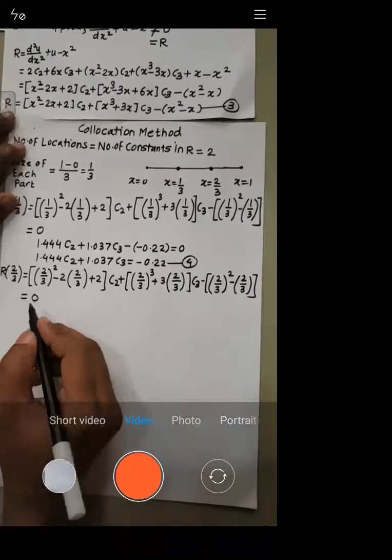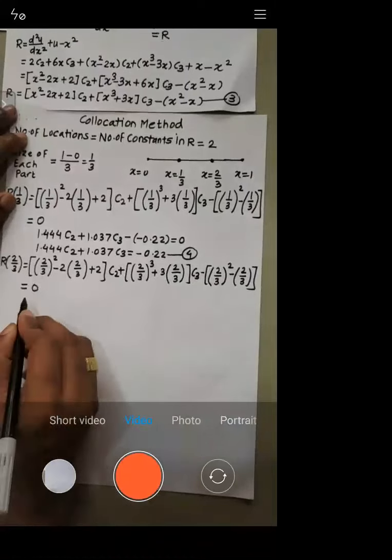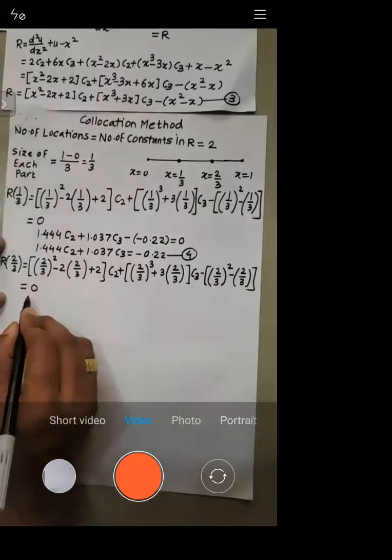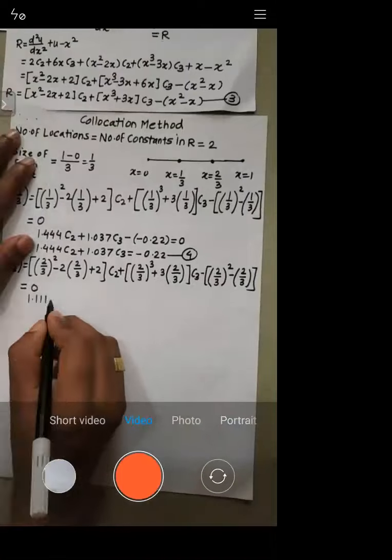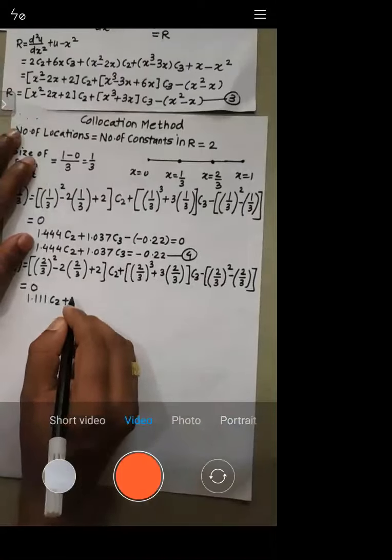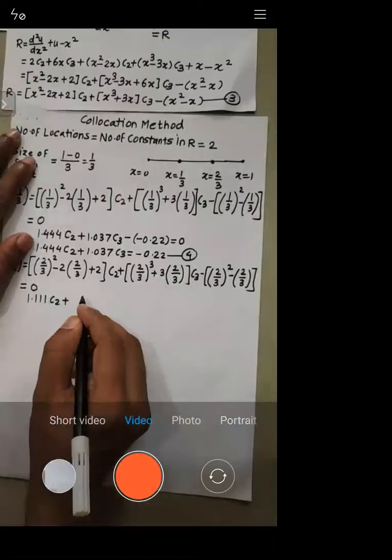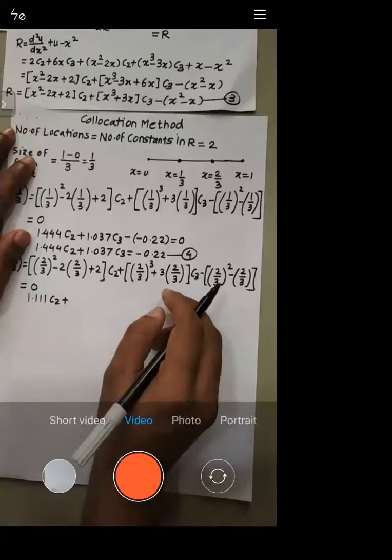Tell me value. 1.11, 1.111, C2 plus, tell me this value, 1.629.